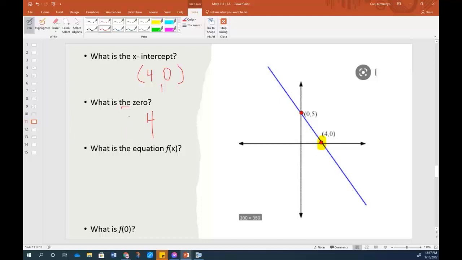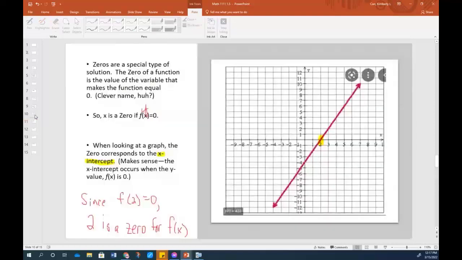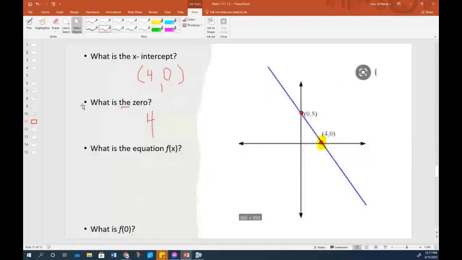Okay? Now, we could also say, I'm going to back up one second here, x is a zero if f of x equals 0. So 4 is a zero. Now, what is the equation f of x? That's a little bit different on here, but what we can do is, again, use our movement to determine slope.